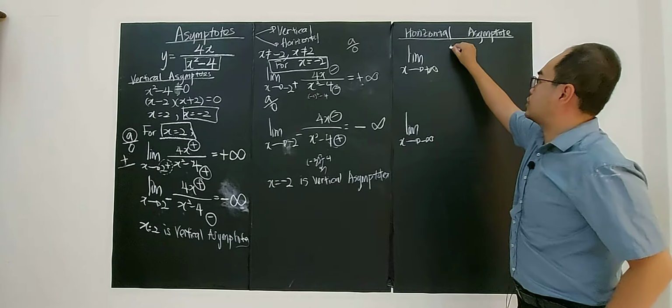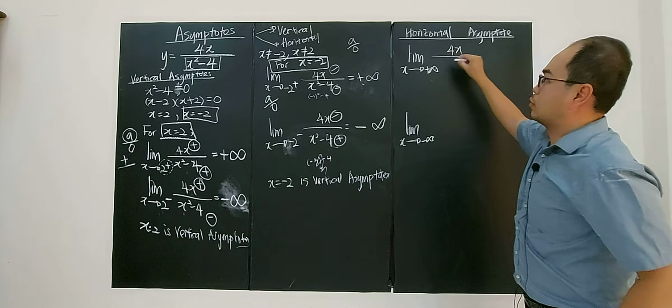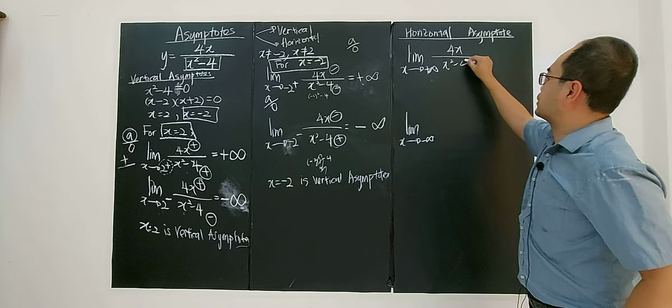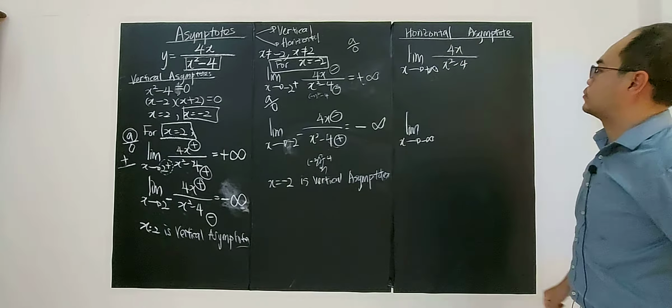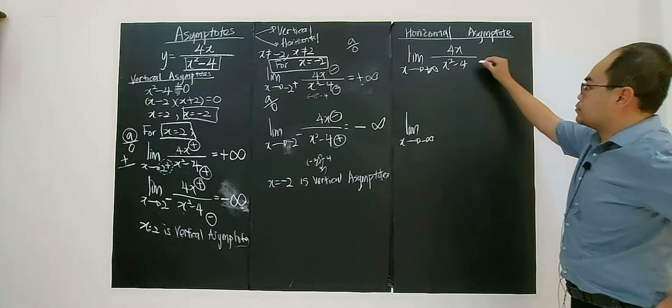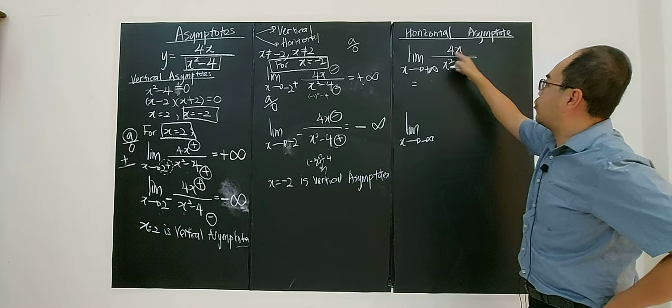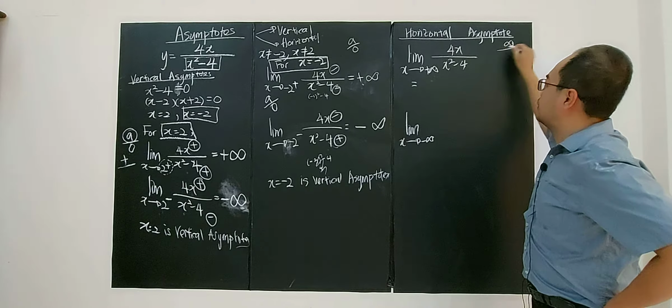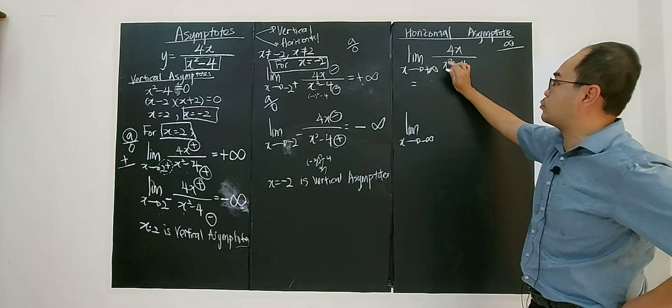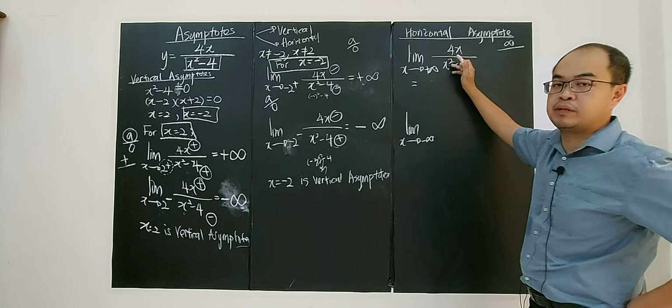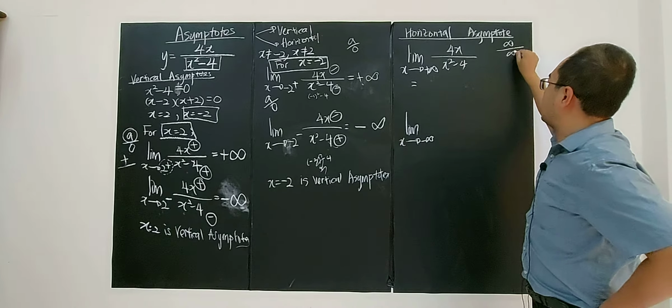For this function, the denominator is x squared minus 4. What's the technique to evaluate this type of limit? You put in infinity: 4 times infinity is a very big number, infinity squared is even bigger, minus 4 is still very big.